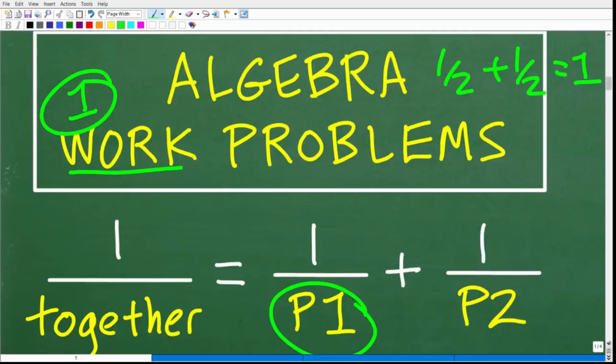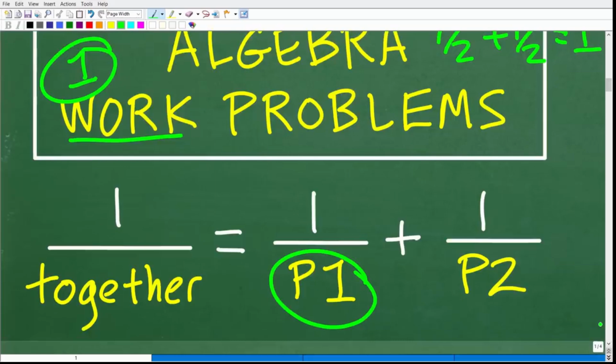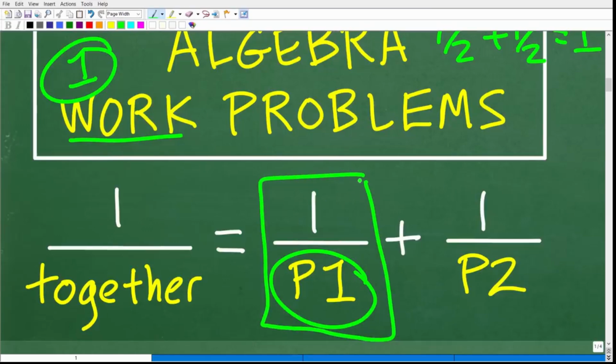Now you might be asking yourself, well, why is this crazy formula written like this? Well, this is a pretty good way to model situations algebraically. So here is how it goes. The time it takes, or the rate, for one thing, it could be a machine, it could be a person, in this case it's a pump, that part of the job we can represent as a fraction, 1 over that time.